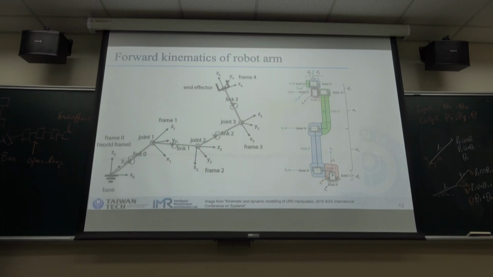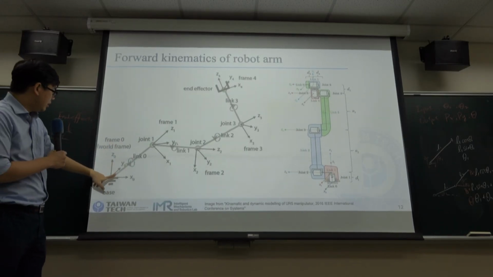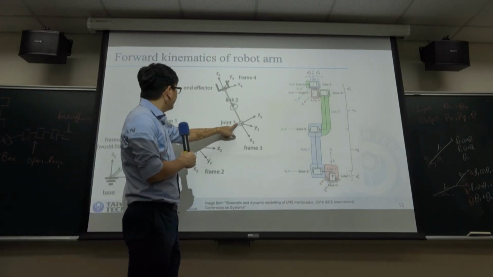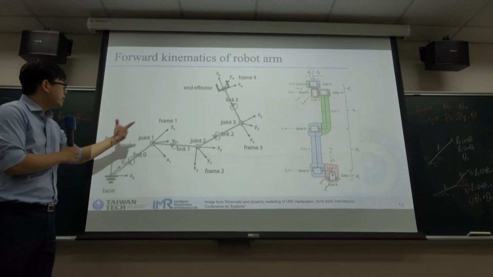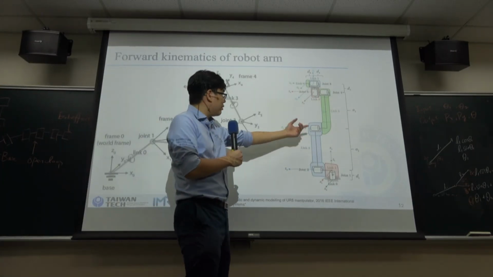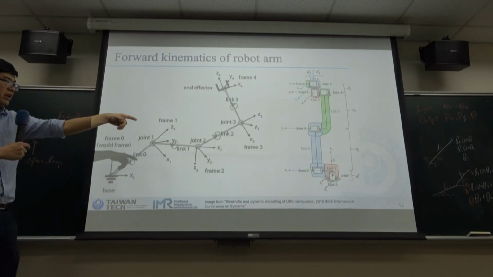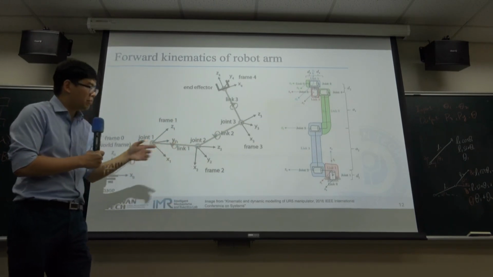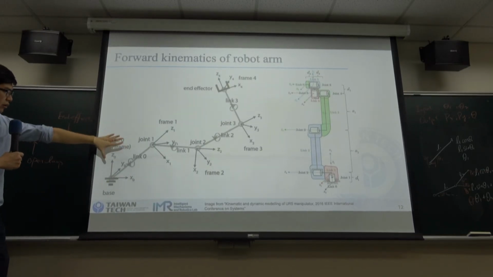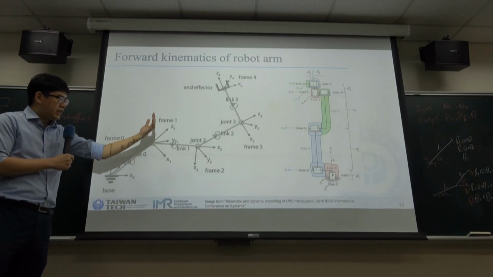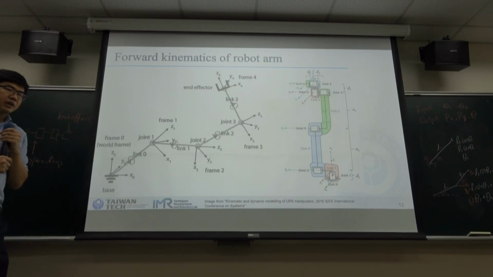And this is a typical one, I think this one is 1, 2, 3, 4, 5, a 5 degree of freedom robot, and this one is a 6 degree of freedom robot. But if we want to use the inspection or the geometric method on a 6 degree of freedom robotic arm, it will be very, very difficult.